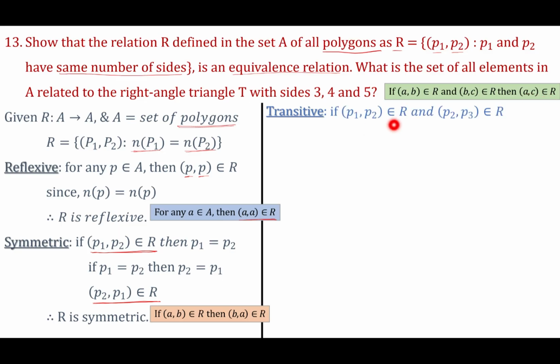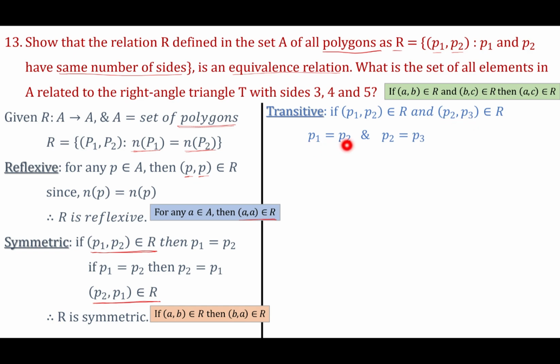If (P1, P2) belongs to R and (P2, P3) belongs to R, which means as per the definition, the number of sides of P1 equals the number of sides of P2, and the number of sides of P2 equals the number of sides of P3.